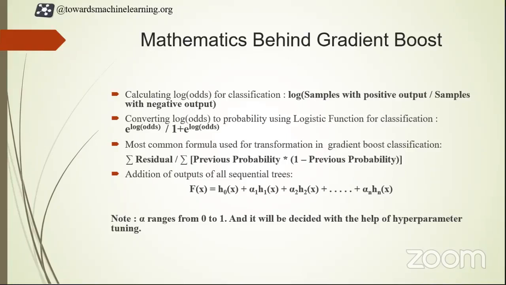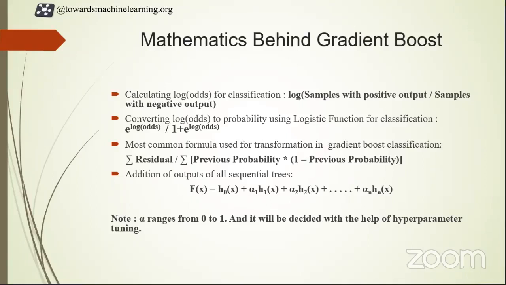Then to convert the log of odds to probability using the logistic function, you compute e to the power log of odds upon 1 plus e to the power log of odds. This will be helpful to you.